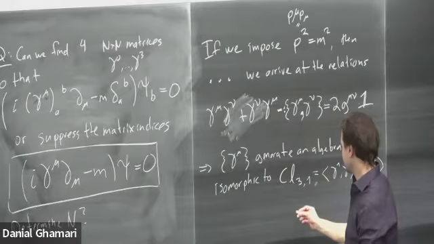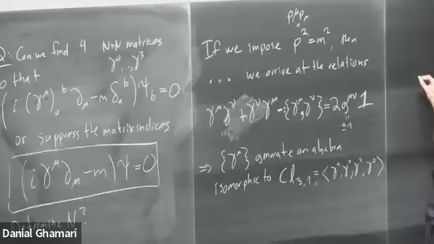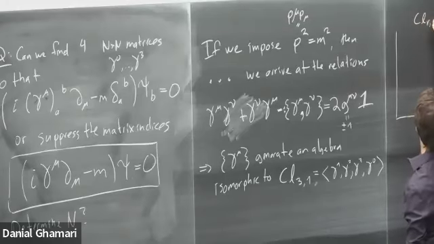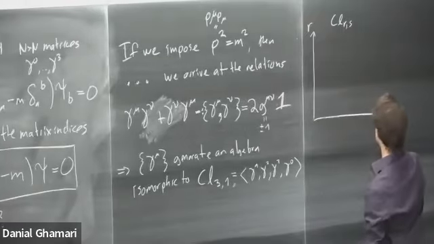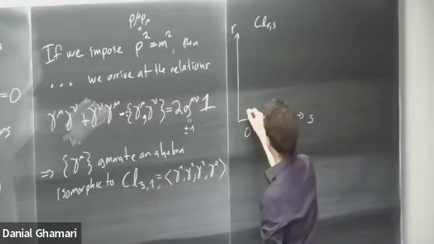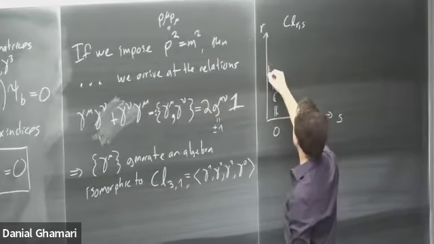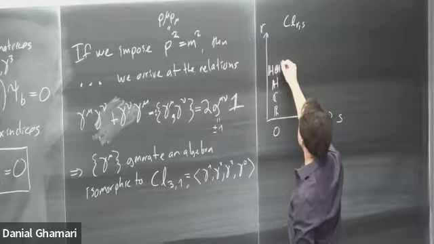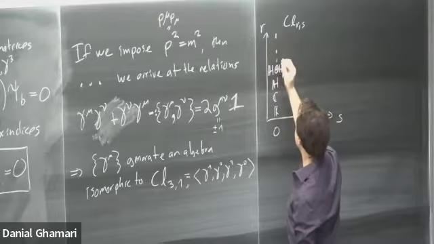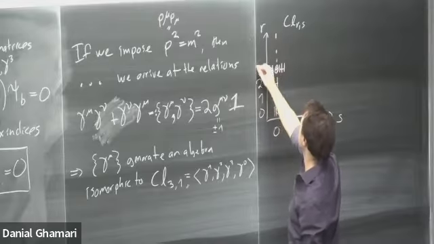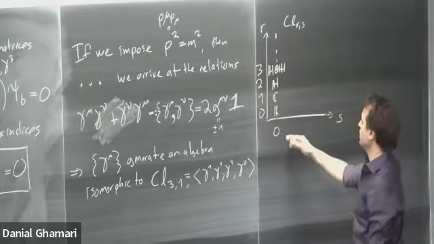So already we can start to make observations, like what is this algebra? If you remember, in the table of CL(r,s), in the 0 column we had R, C, H, H plus H, and so on.